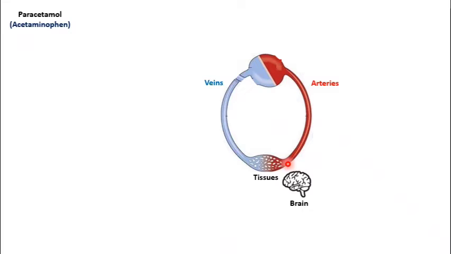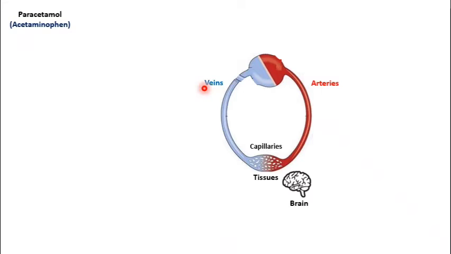Okay, what are the blood vessels that are between the arteries and veins? They are the blood capillaries. So it goes like this. Left side of the heart pumps oxygenated blood to tissues through arteries, and then veins carry away carbon dioxide from tissues back again to the right side of the heart.